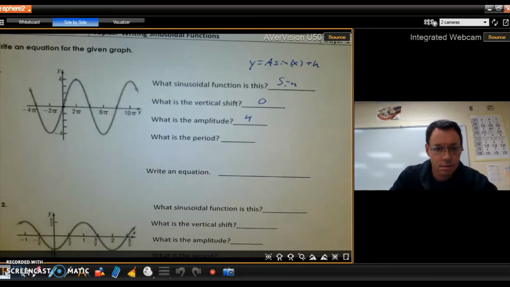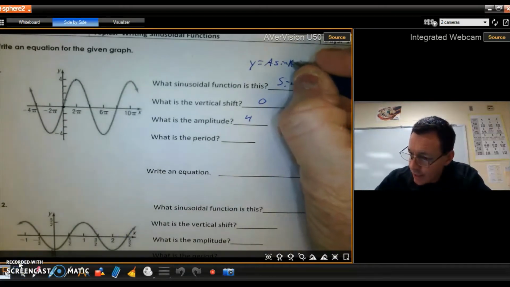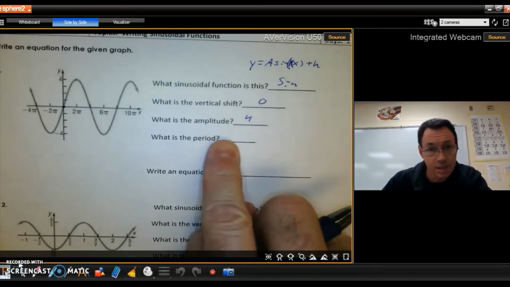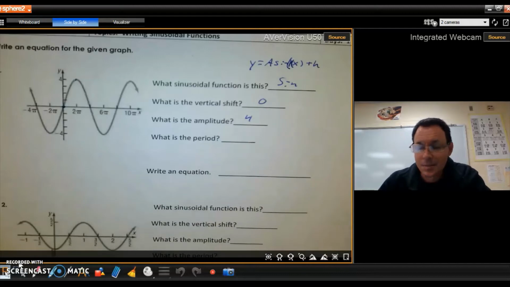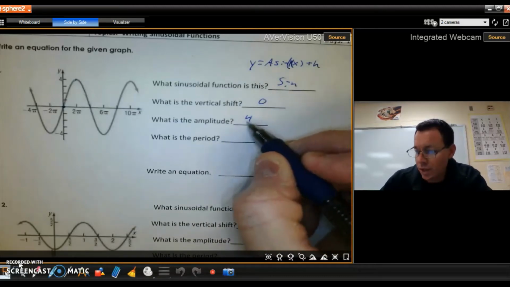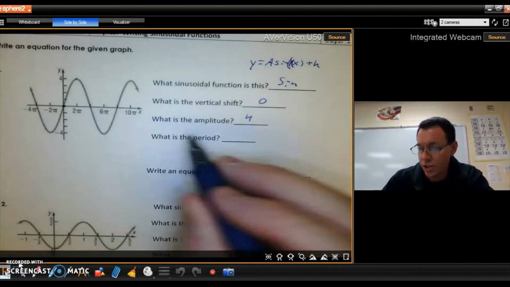And that should have a k in front of the x. Sorry. Okay, don't want to forget the period, which is the next thing they're going to ask us here. Okay, so what we're doing is we're just trying to figure out the blanks to fill in here. What numbers to throw in, okay? That is going to create this shape.